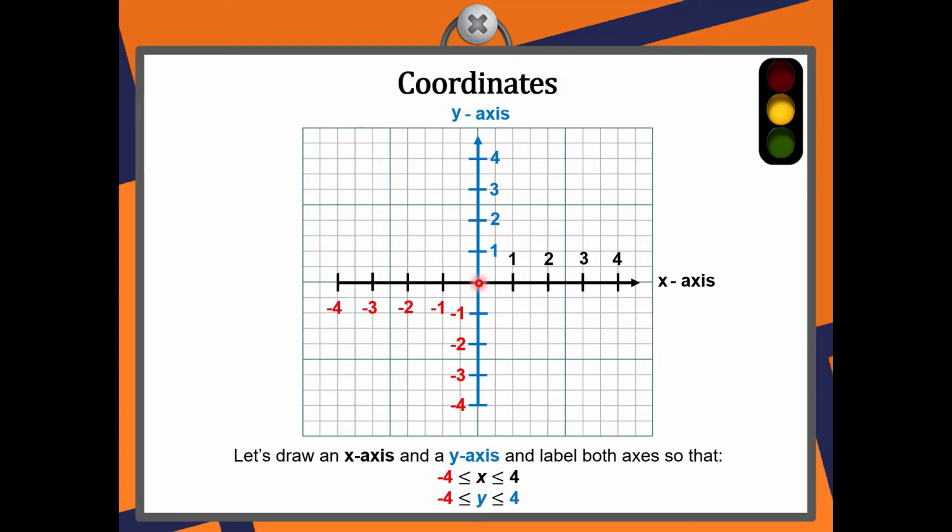There we know the values, they have to be positive. So we have 1, 2, 3, 4 vertically upwards. And downwards vertically, the y-axis has the negative values -1, -2, -3, and -4.